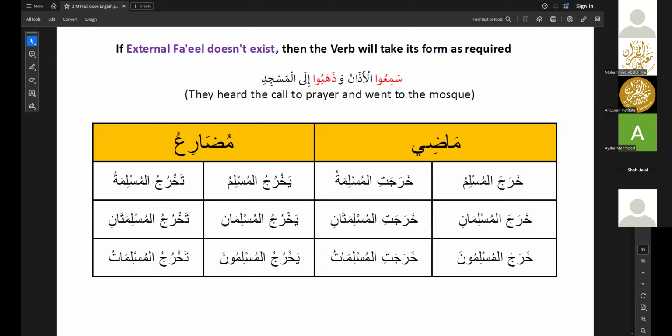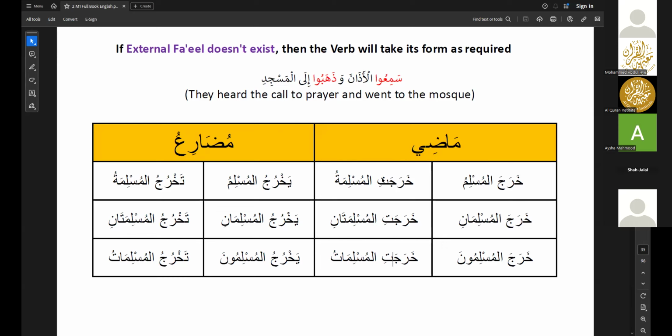It was al-muslimu before, now al-muslimatu, al-muslimatani, al-muslimatu. So the fa'il was made feminine. Yeah, that's matching it. So we need to match the gender only.